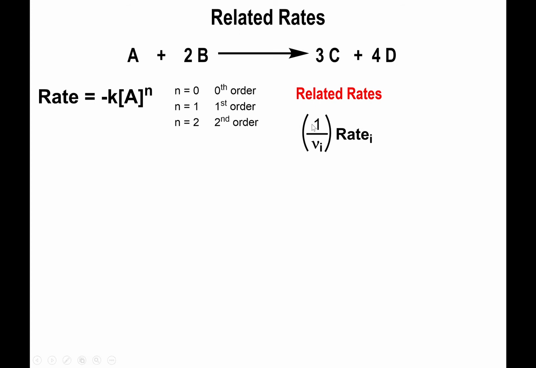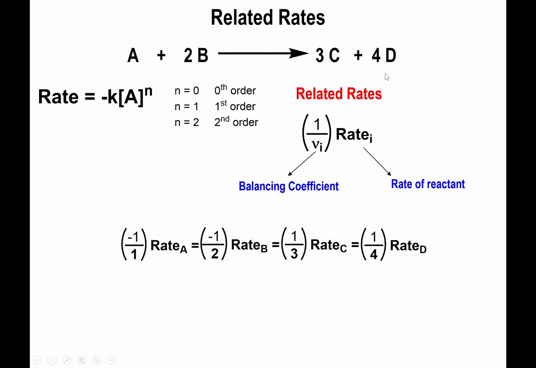And that's given by the equation right here, where VI represents the balancing coefficient in front of A, B, C, and D, and then the rate of I represents the rate of A, B, C, or D. So what this is telling you is that, for this balanced reaction, the rate of A will be divided by 1, the rate of B will be divided by 2, the rate of C will be divided by 3, and the rate of D will be divided by 4 to make them all equal to each other.